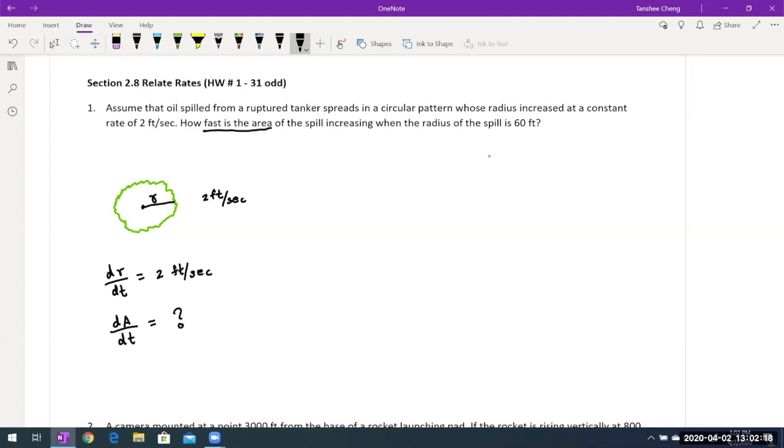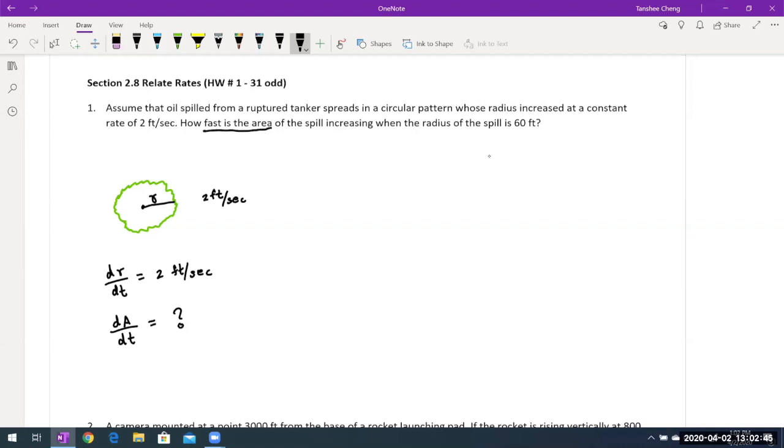A lot of times this will give you a lot of different values depending on what your radius is. Because when the radius is 1 foot, the rate of change in the area is different than when the radius is 2 feet or 3 feet or 4 feet, and so on.